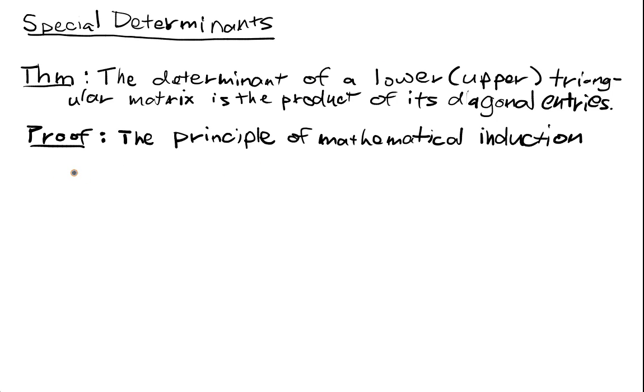You want to prove a bunch of different statements: statement 1, statement 2, statement 3. You're actually proving statements that are indexed by the positive integers, so an infinite number of statements. You want to prove this. So how do we do that?